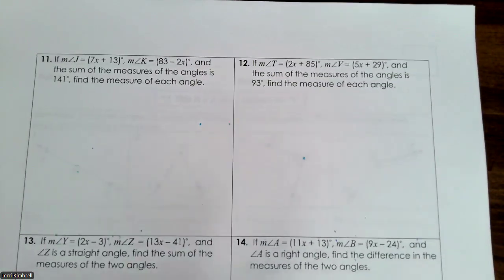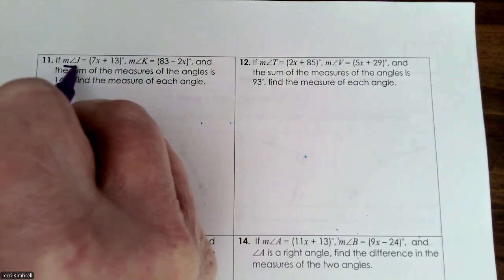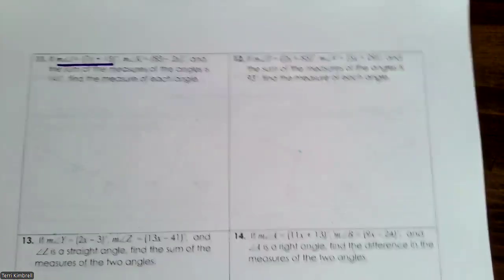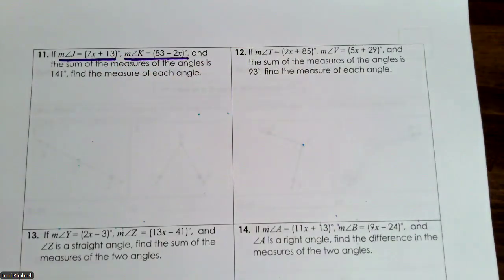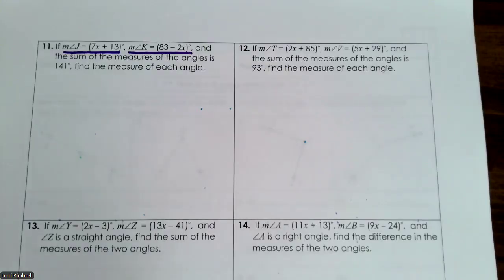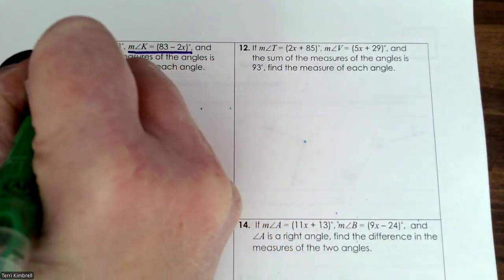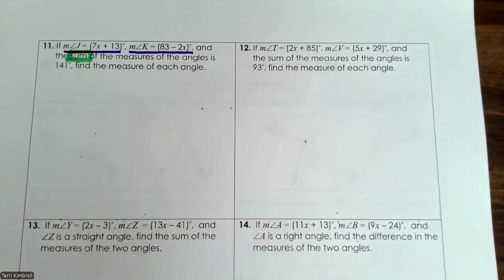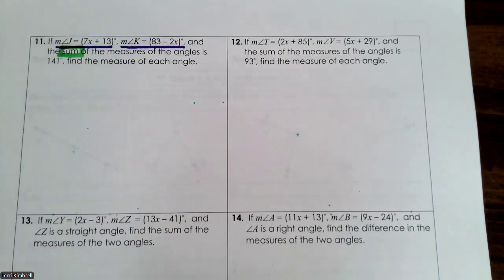Okay, question number 11. It tells me that angle J is equal to this. Angle K is that. Then it starts putting some algebra words. So it says the sum of those angles is 141.